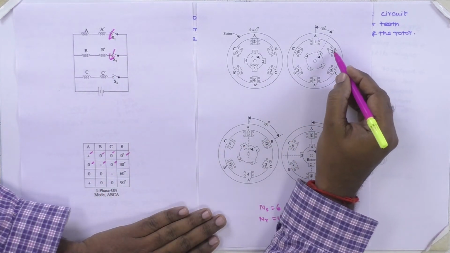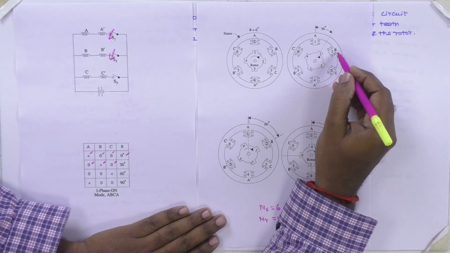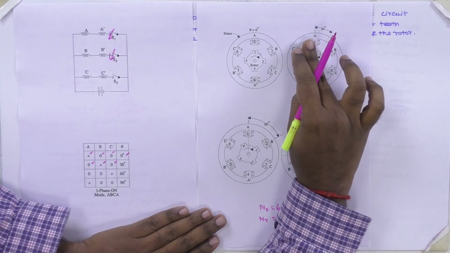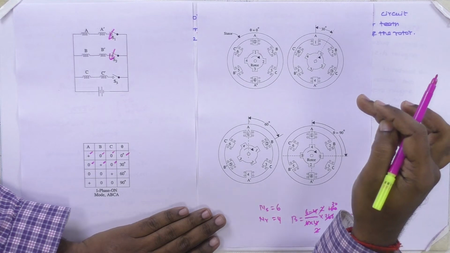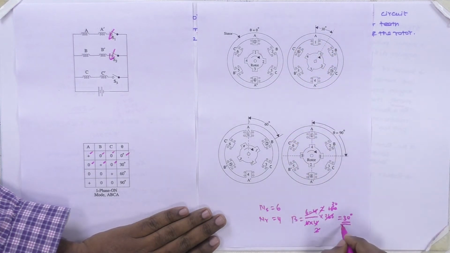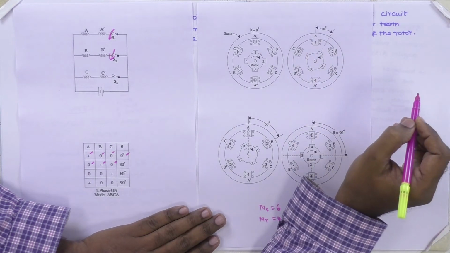Now B dash is energized, so it offers a low reluctance path, and it moves 1 rotation or 1 step angle. The step angle is 30 degree, so it moves 30 degree in the clockwise direction.